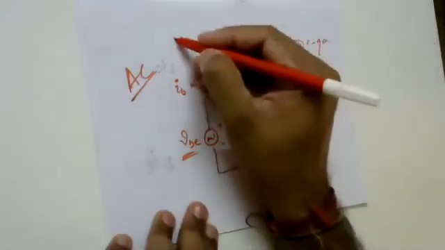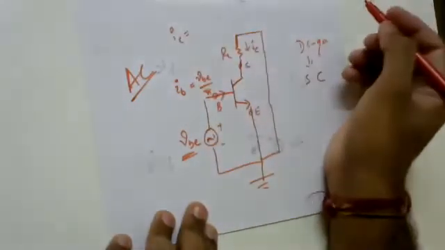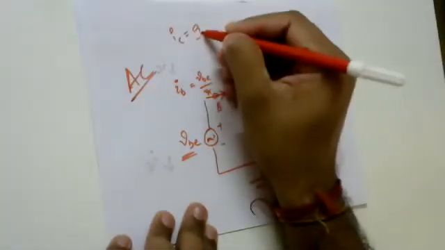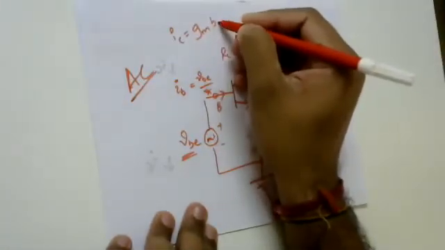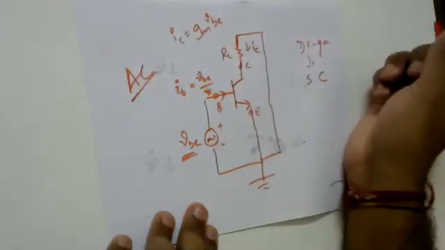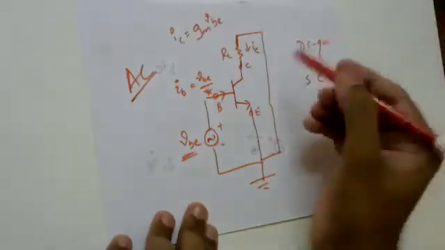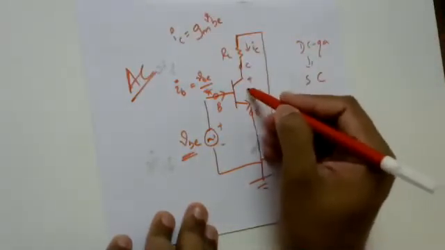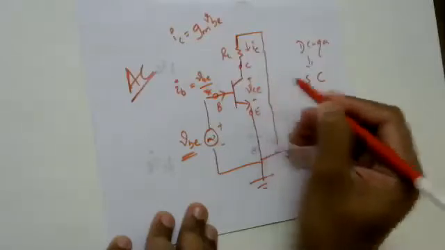And we know how to write the equation for IC. IC is equal to GM into VBE. Then the voltage that I'm going to see across collector and emitter is also VCE.